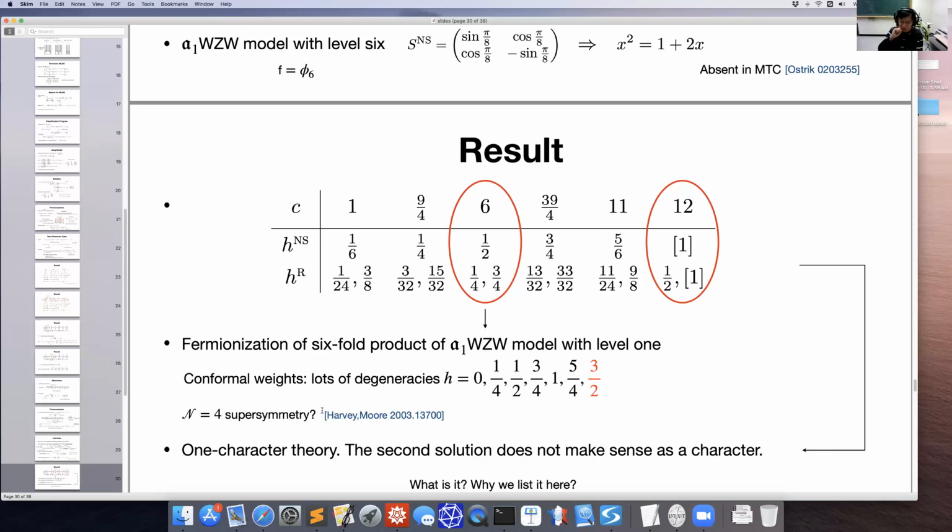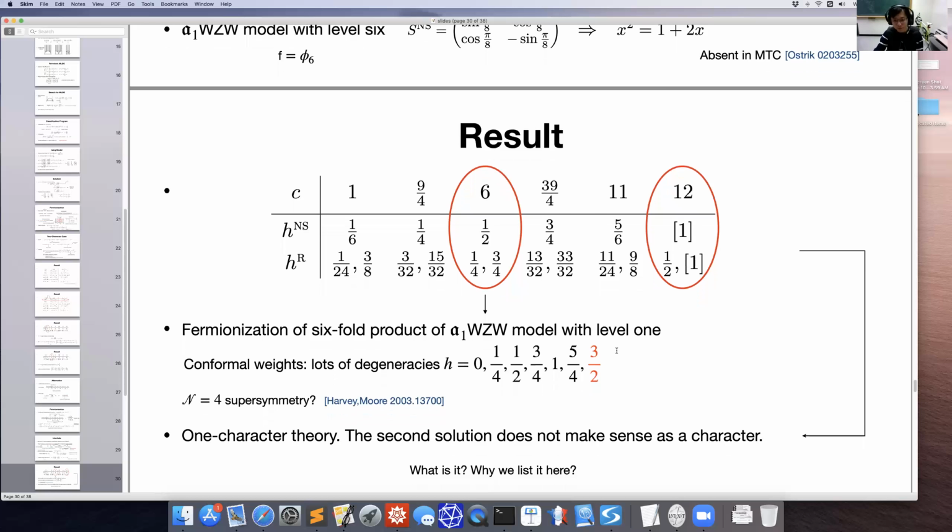But due to some peculiarity of the N=4 superconformal characters, there's no simple decomposition, and we are also not sure whether this has enhanced symmetry or not. Okay, that is it for this model.